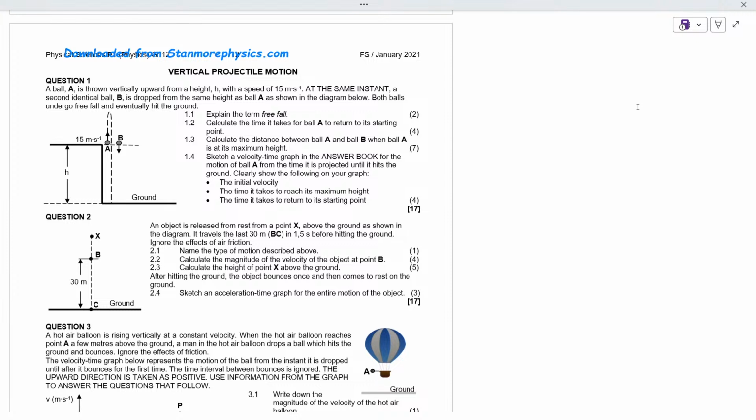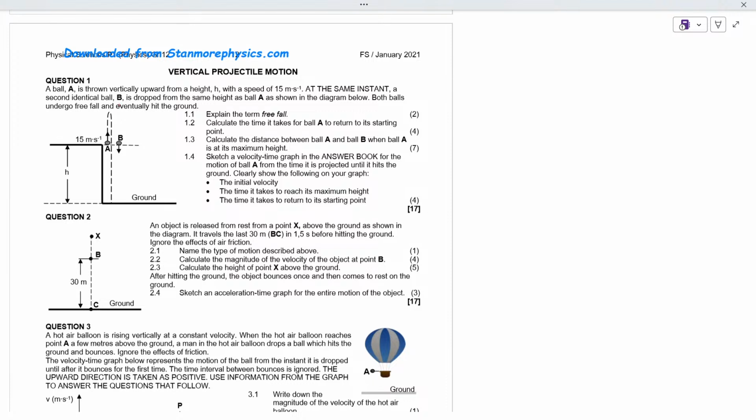Okay, this is the information that we are told here about the balls. So the first thing is there are two balls, A and B. The first one was thrown up from the top of the building, and then at the same instant, a second ball B is dropped from the same height as ball A. Both balls undergo free fall and eventually hit the ground.